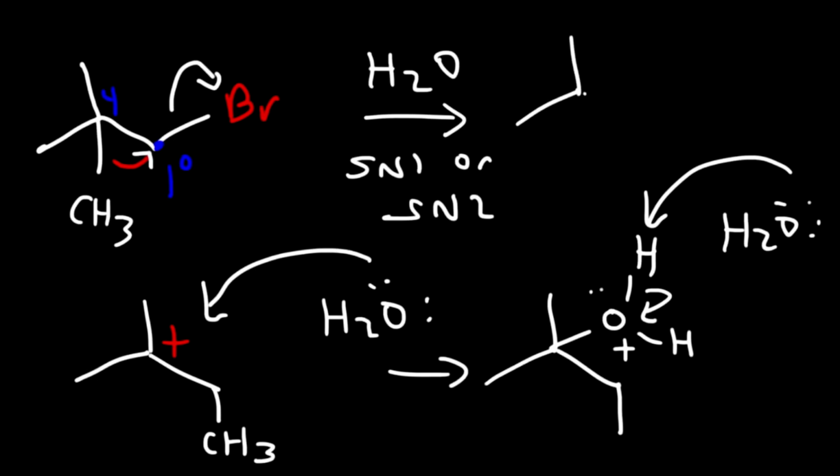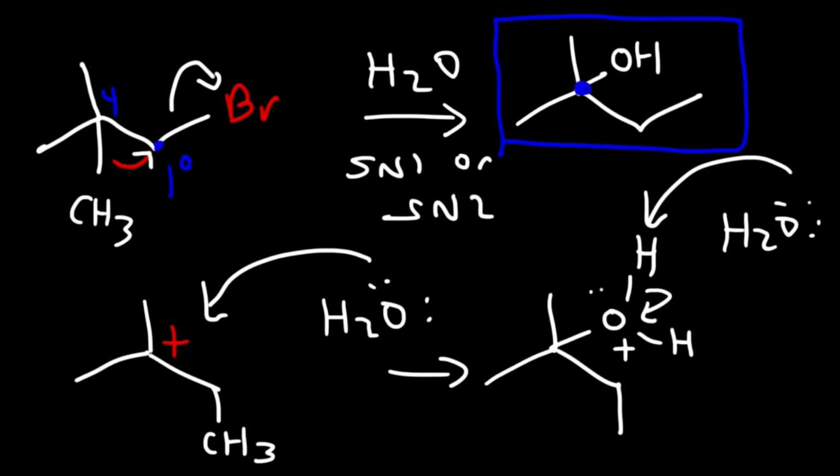So therefore, our answer, we can draw it like this. So we only get one major SN1 product. And we don't have a chiral center, so we're not going to be concerned with stereochemistry.